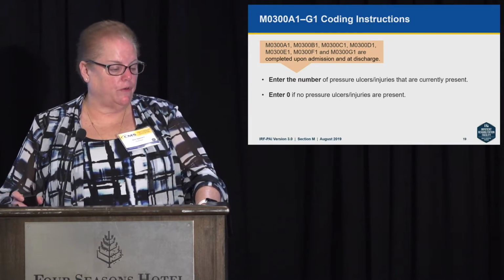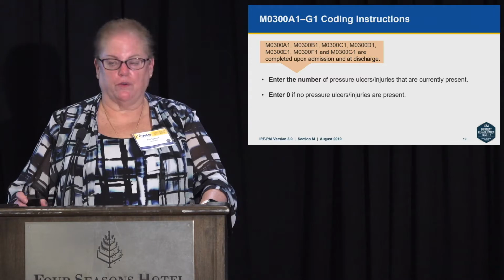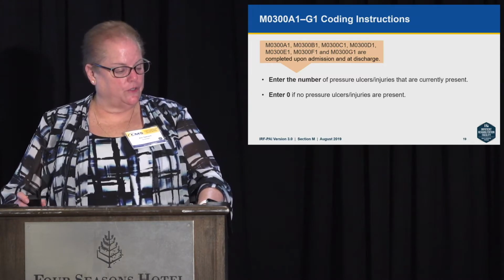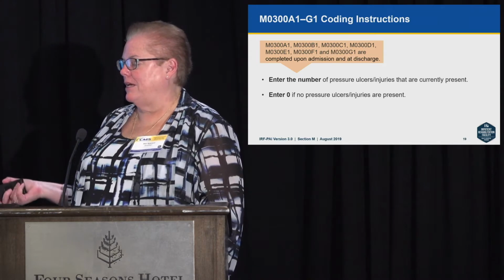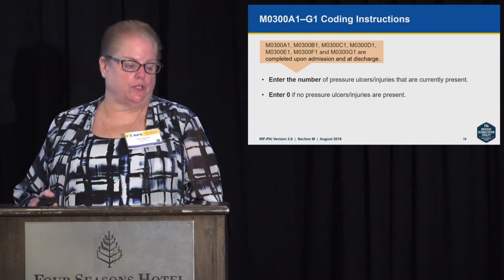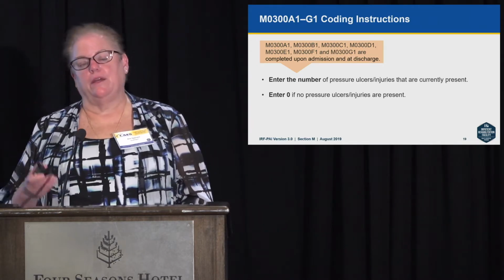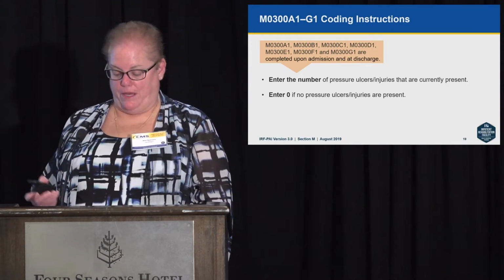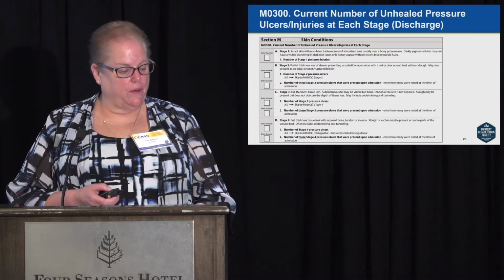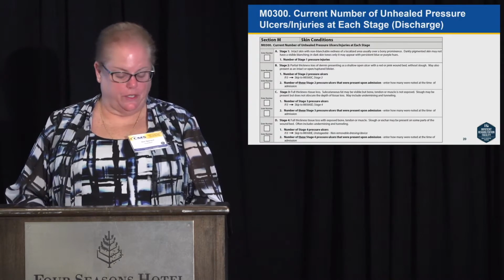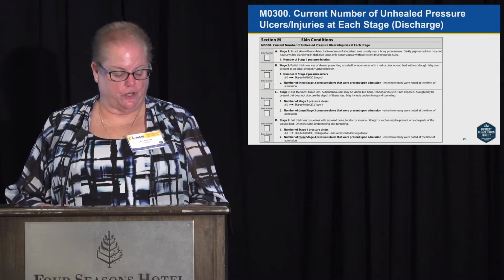We enter the number of pressure ulcers or injuries that are currently present. And we enter 0 if no pressure ulcer or injury is present at that stage. So we answer each one of these questions, and if they have it, how many do they have at that particular stage?